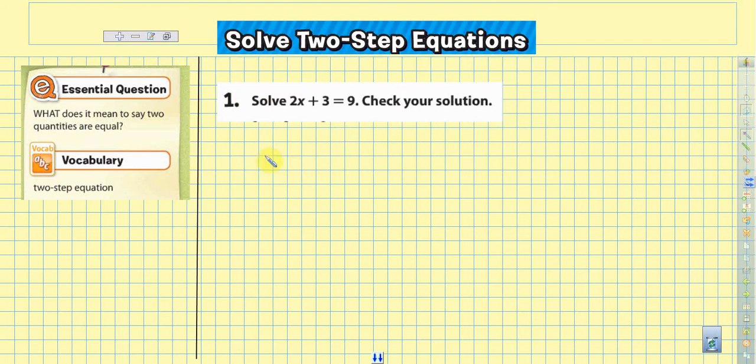Here's example number 1. 2x plus 3 is equal to 9. Now, it becomes very important to start to draw our line. We do all of our addition and subtraction first.